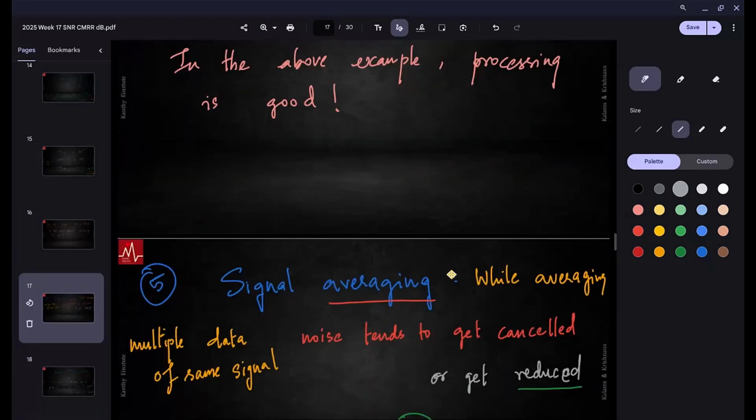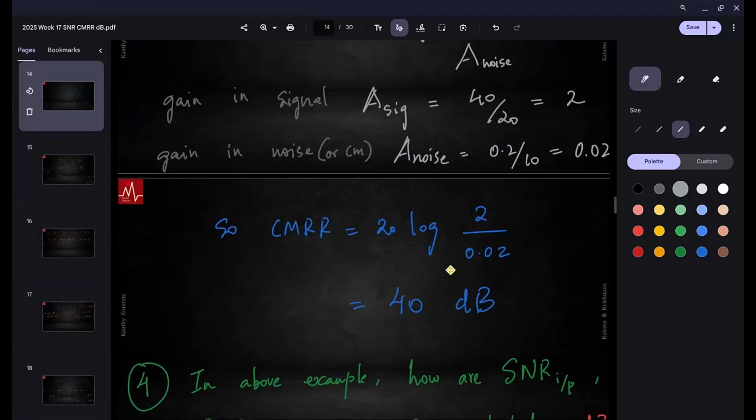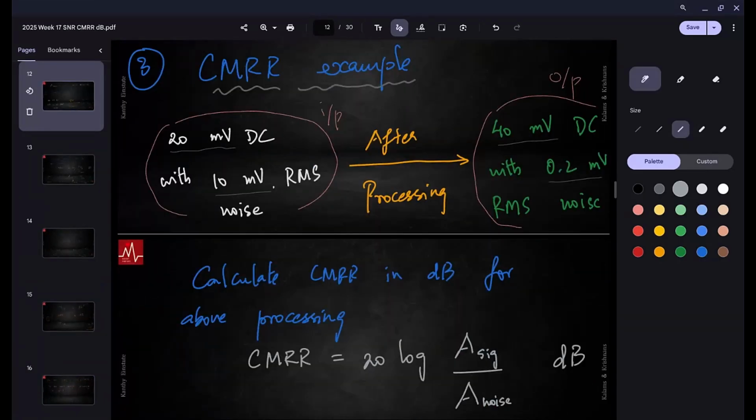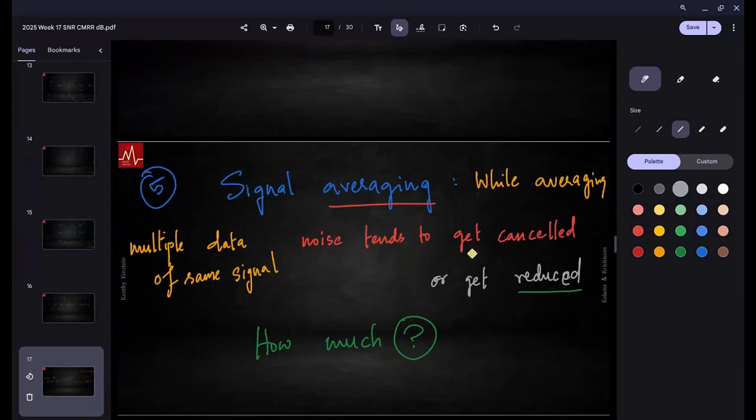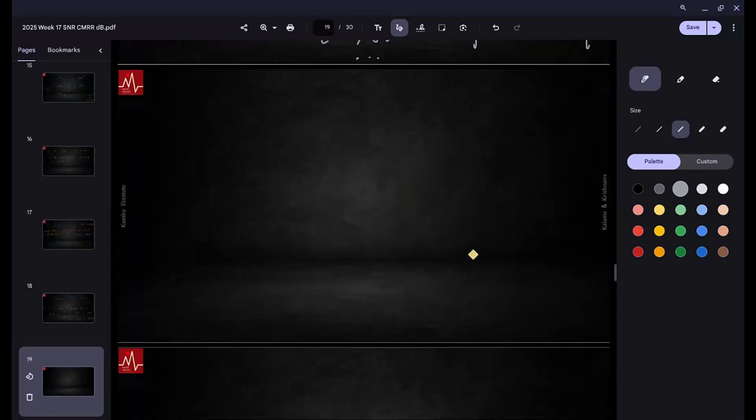Now let's go back to the processing that we showed. 10 millivolt RMS became 0.2 millivolt RMS. This processing involved signal averaging. So to reduce noise, say you did signal averaging. How many points do you need? Okay, example.